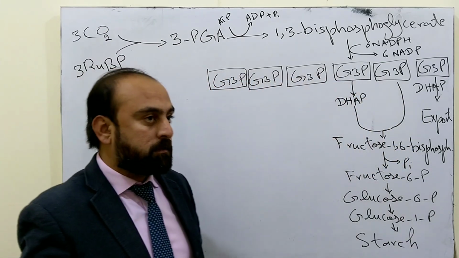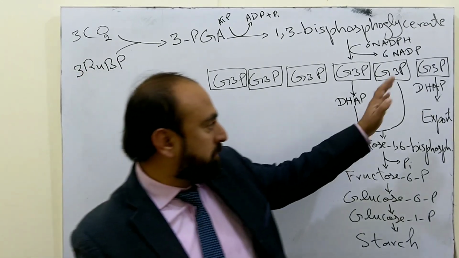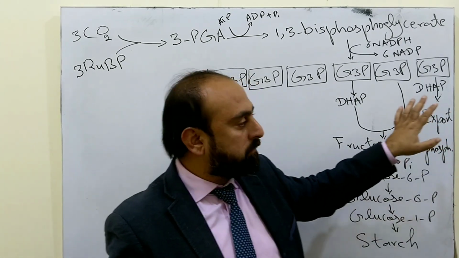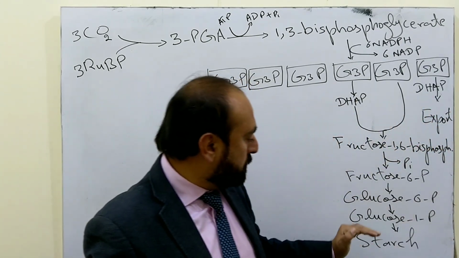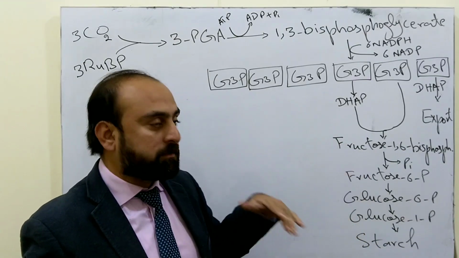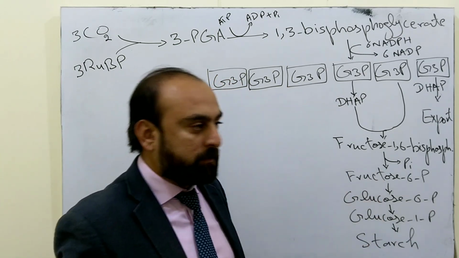So we discussed 3 fates of this triose phosphate at the start of lecture, that it can be exported to cytoplasm or it can be used to regenerate starch. But this is a reversible process. At any point it can convert back to other sugars.